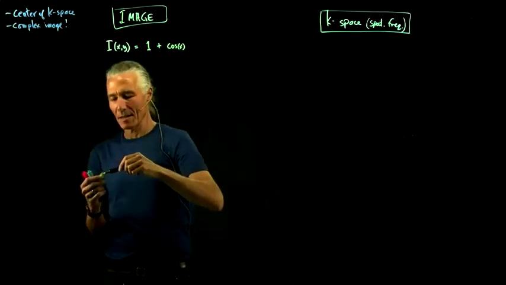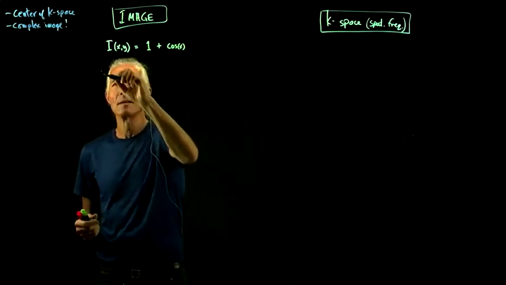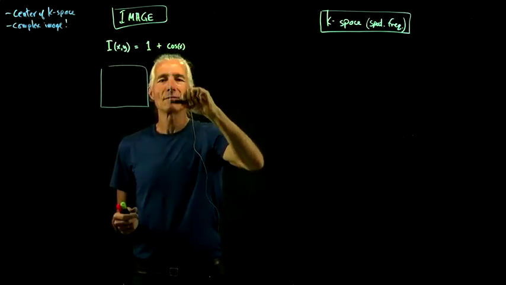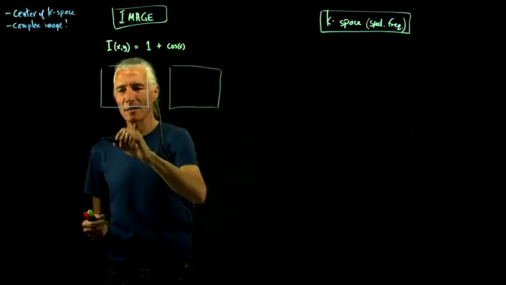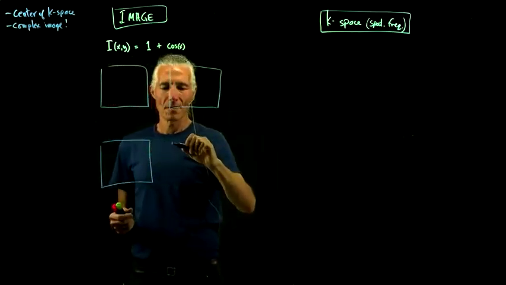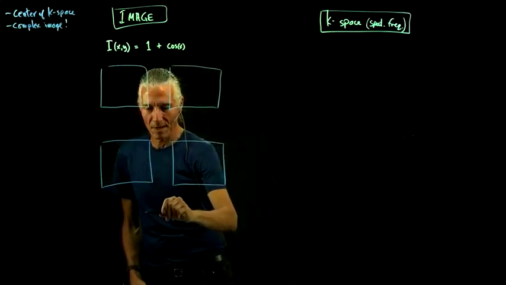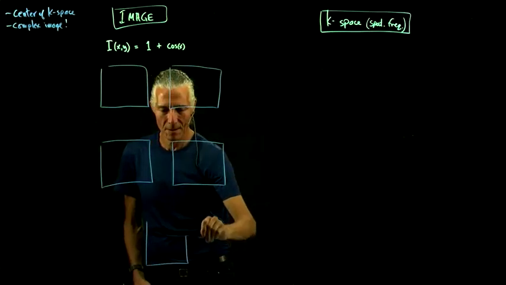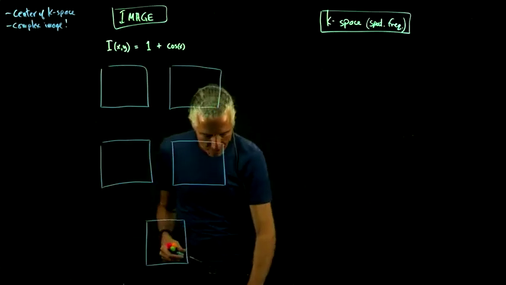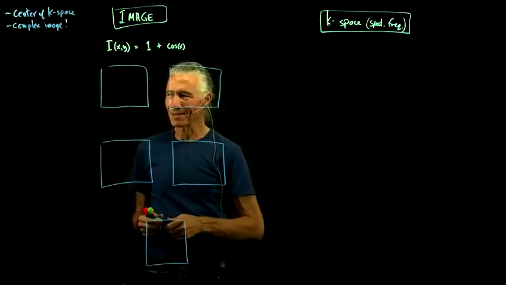So what does that look like? We've got our 5 squares, so we can either be real and imaginary, or amplitude and phase. I see I made a typo last year, so I'll correct it this year.